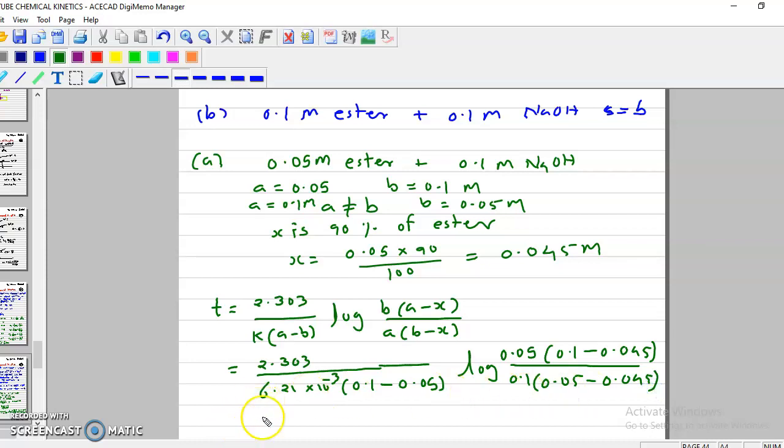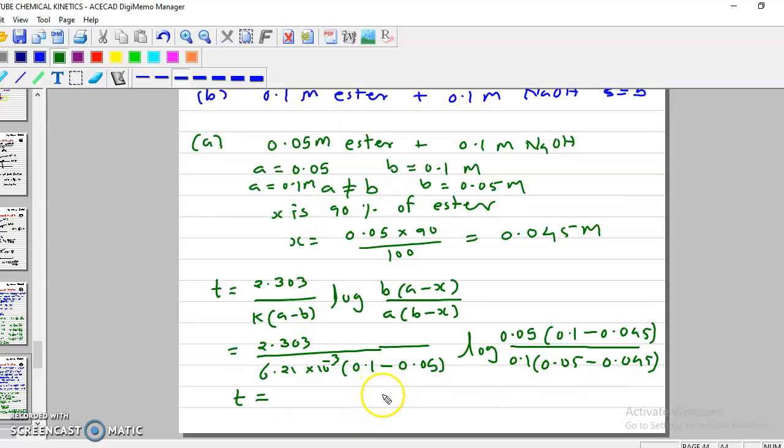This you have to find out, and that will be the time, and it is in seconds because the unit of K is second inverse.